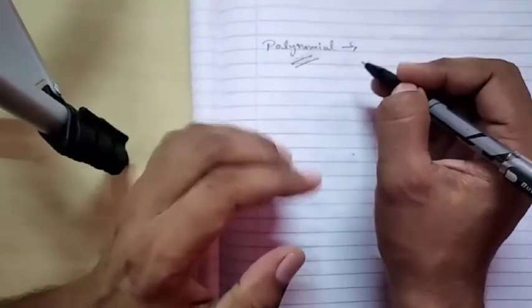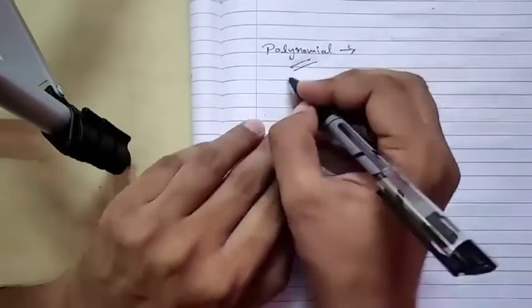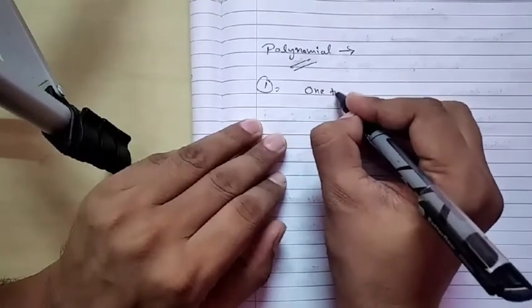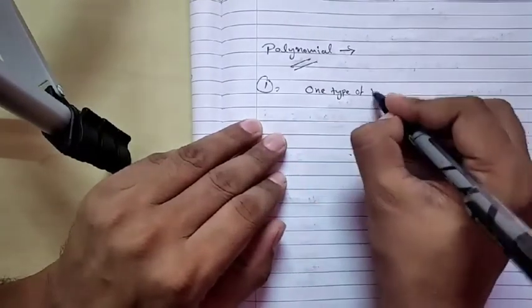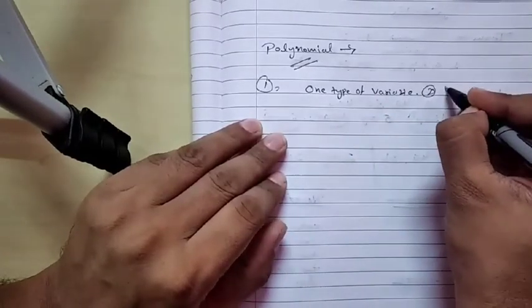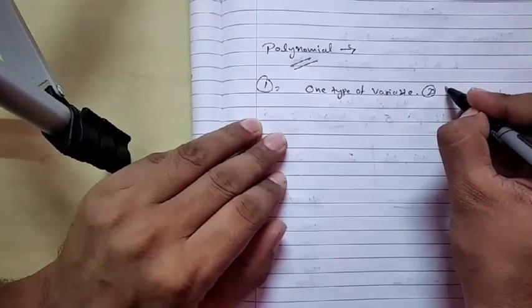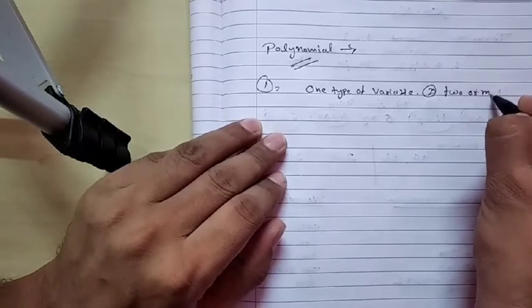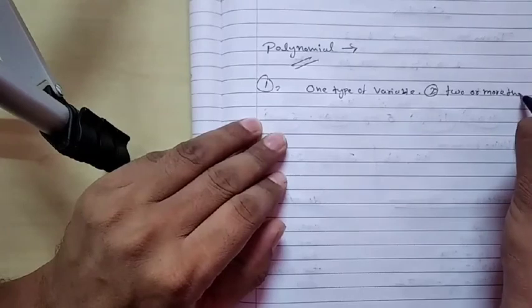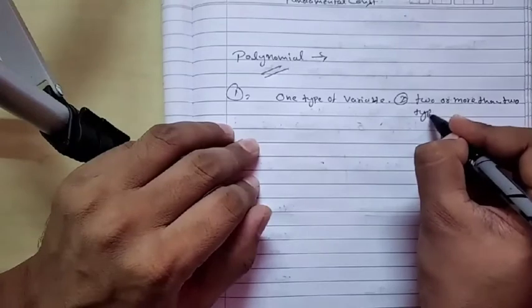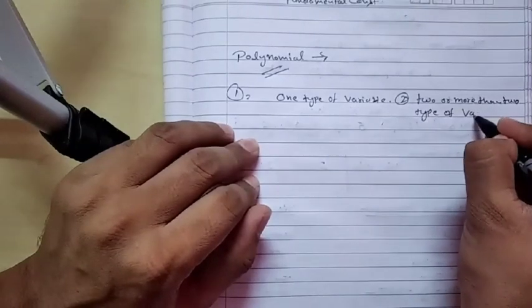Okay, and a polynomial may be of two types. First, of one type of variable, and second, of two or more than two types of variable.